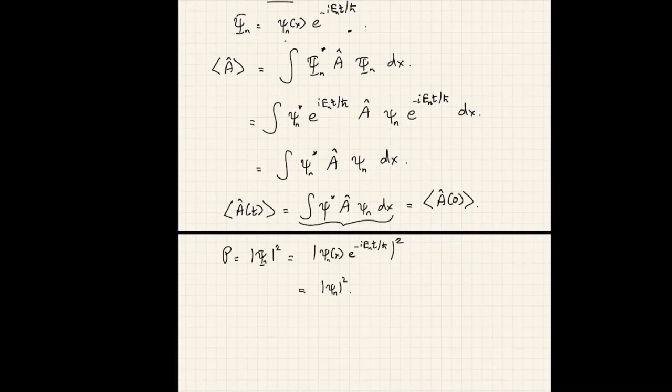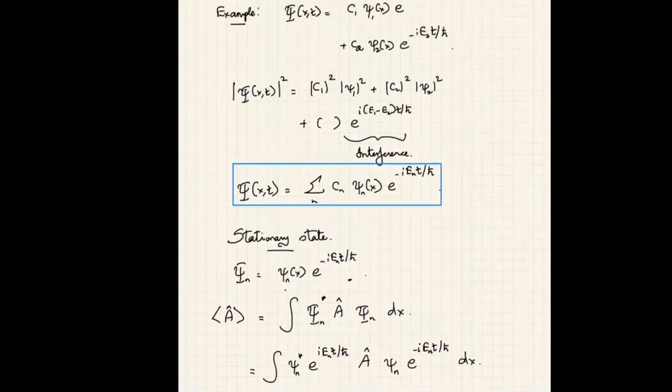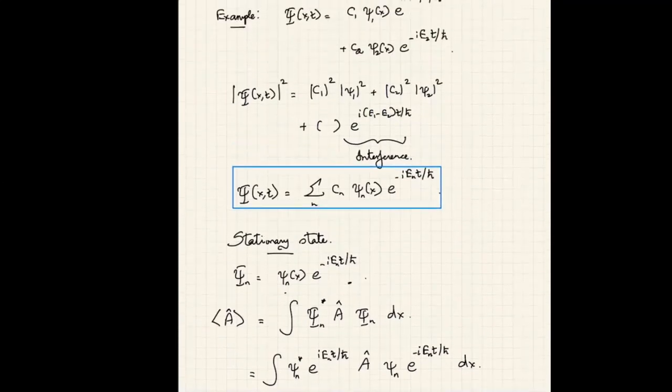So, probabilities and expectation values in each one of these separable states do not change with respect to time, but the probabilities and expectation values in the general state psi, which is a linear combination of all the different separable solutions, do change with respect to time.